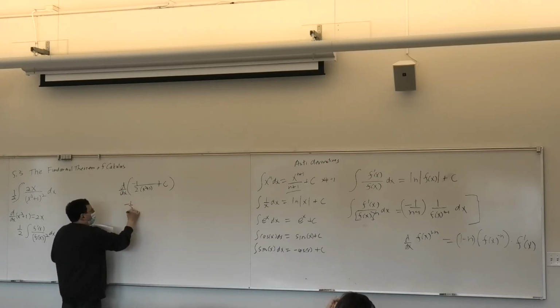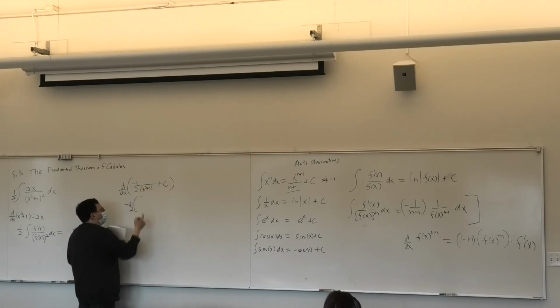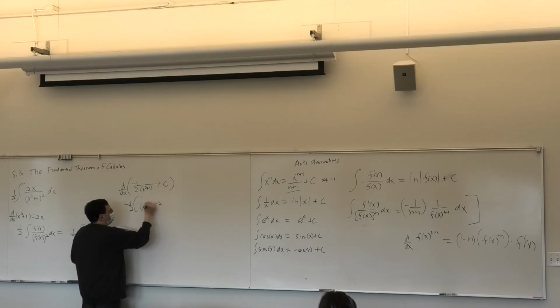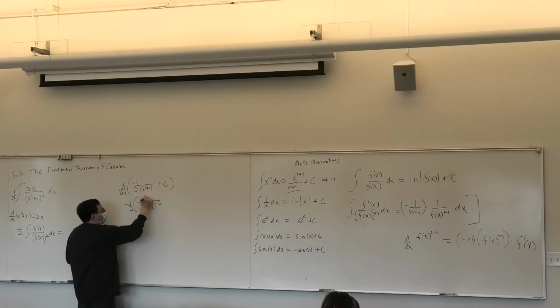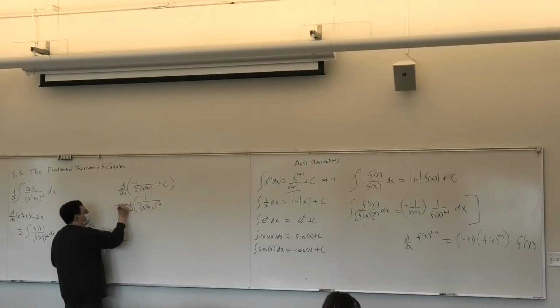So negative 1/2 times the derivative of 1 over x squared plus 1. So that's x squared plus 1 to the minus 1. So it's going to be x squared plus 1 to the minus 2 times the derivative, times minus 1.